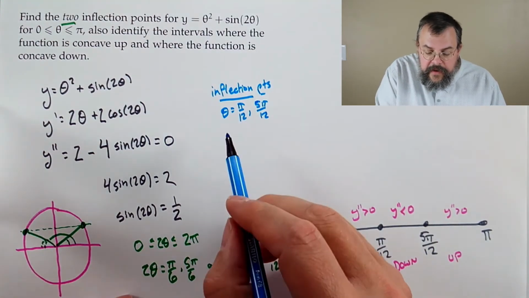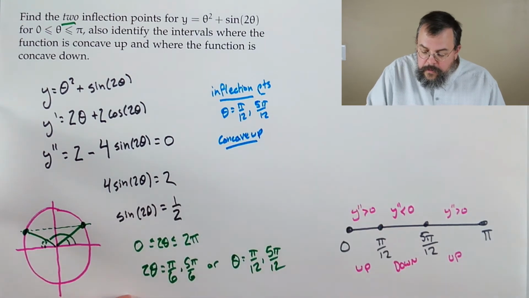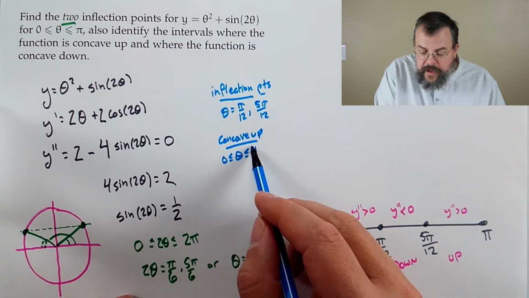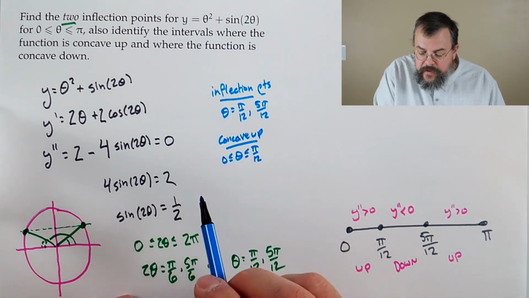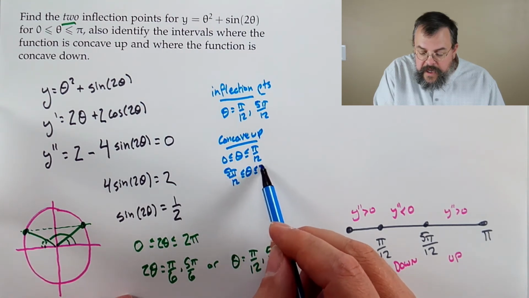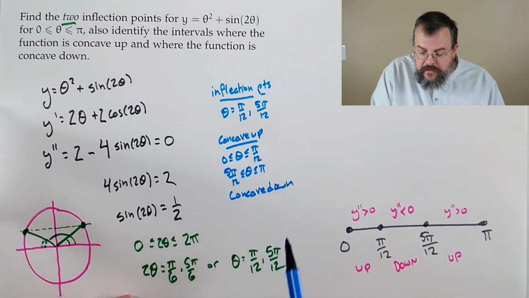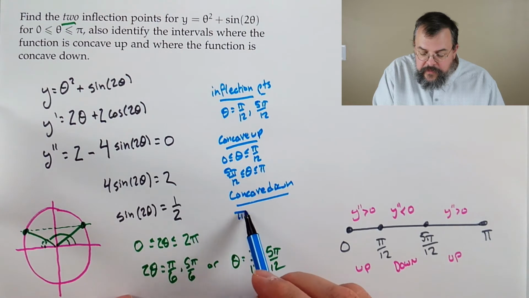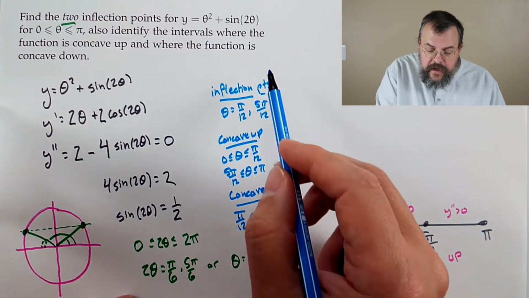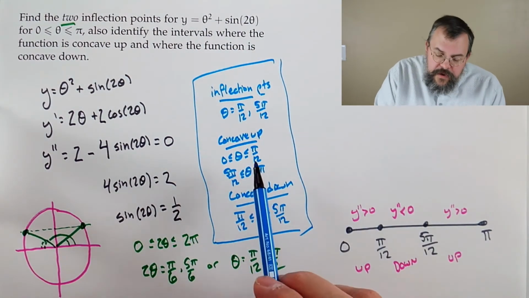And we are concave up, where we are from 0 up to pi over 12, and from 5 pi over 12 up to pi, and then we're concave down from pi over 12 up to 5 pi over 12. And there you go.